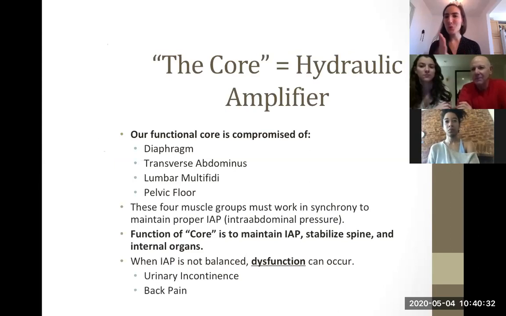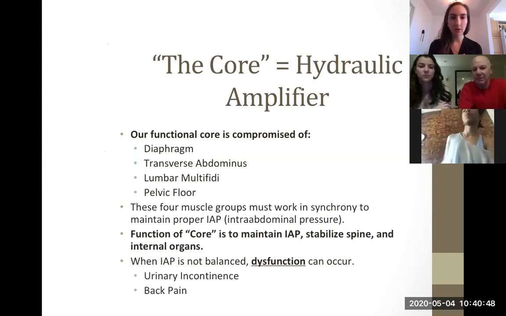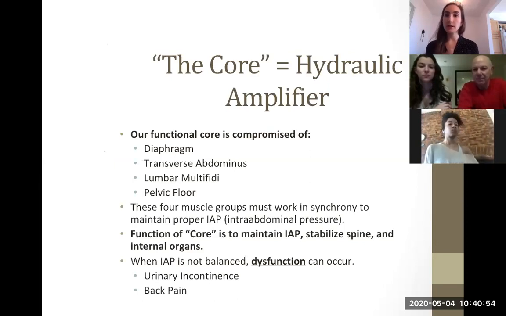Everything that those muscles are doing, they're coordinating stability in your lumbar spine, in the abdominal pelvic cavity, to maintain the intra-abdominal pressure and to protect the organs and just the spine itself. When intra-abdominal pressure is not balanced, that's when dysfunction can occur. So you can have urinary incontinence, low back pain. Today we're mainly speaking about the lumbar spine in the back.